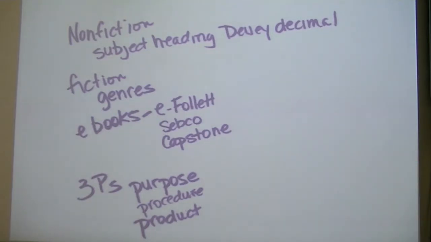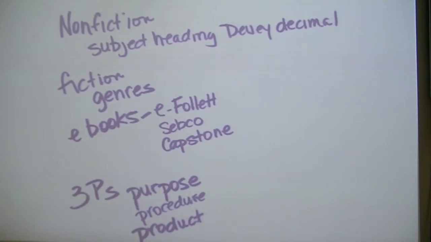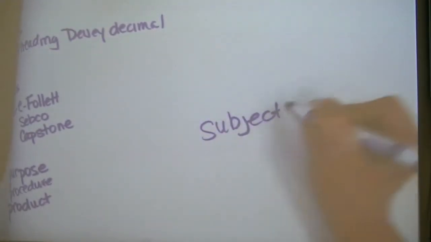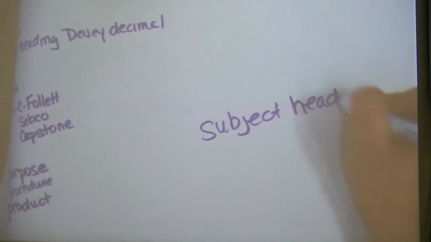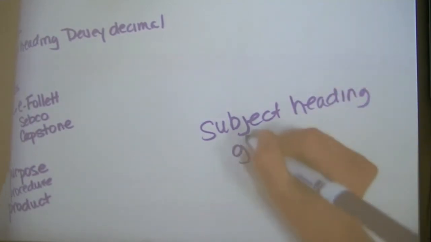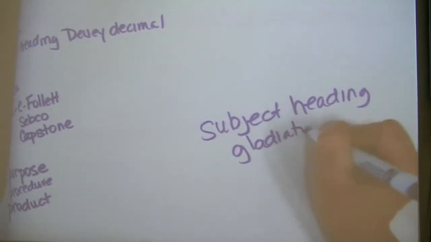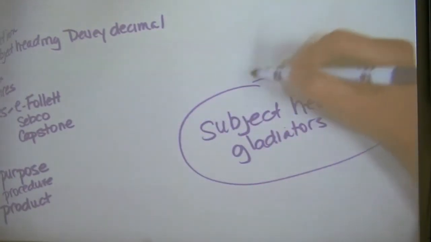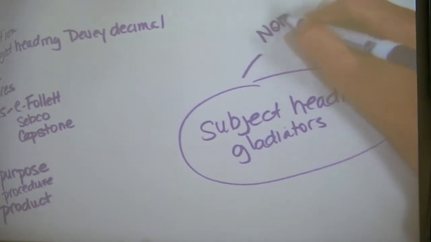The procedure that I'm using is something that I found on Pinterest. I've asked them to find a subject heading that they're interested in. I tell them that my favorite topic is always gladiators. What I want them to do is find a nonfiction connection.